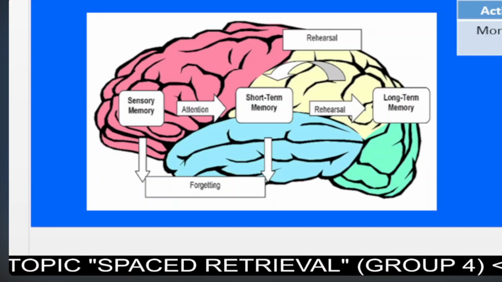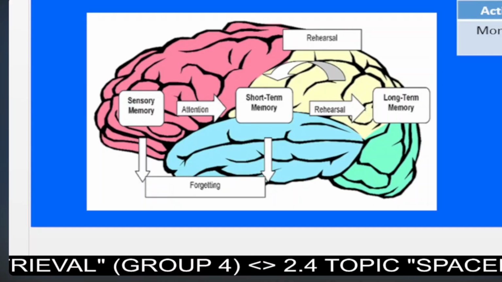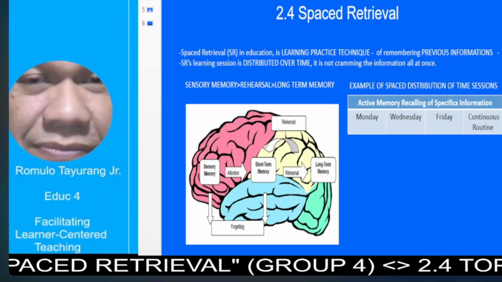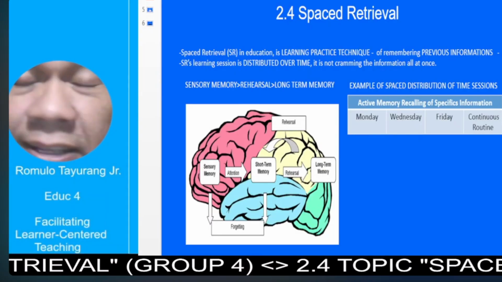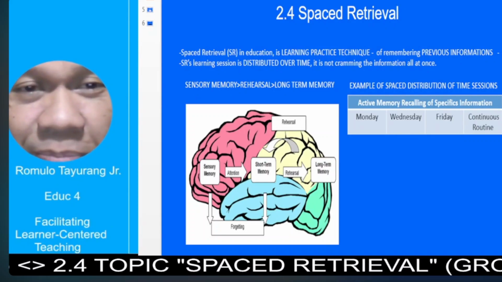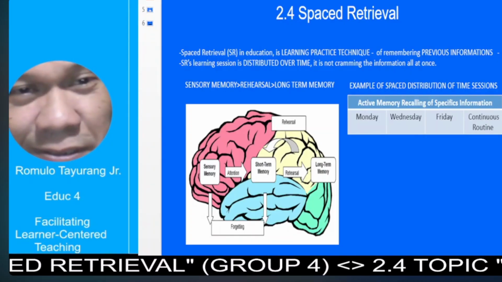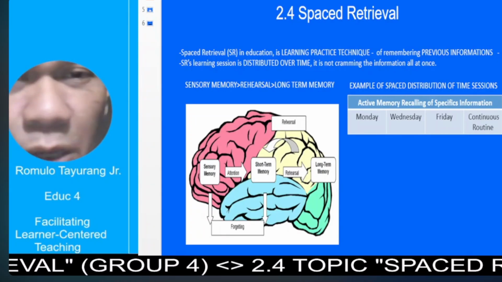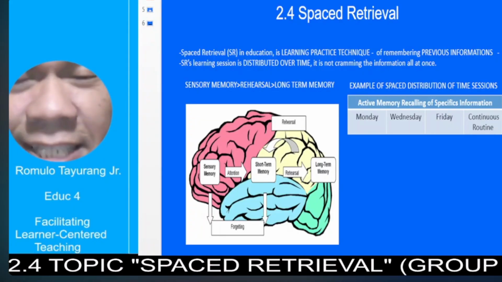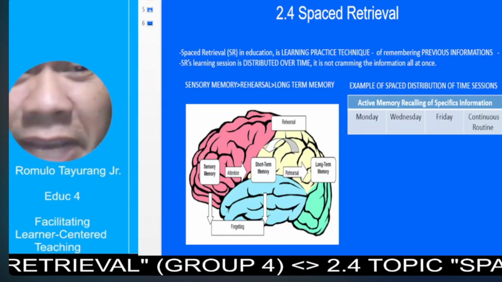Class, is the slide understood or are there still any questions? If there is none, I will put the questions rather for all of you. The question is, what is often, if not always, the best technique of remembering information?